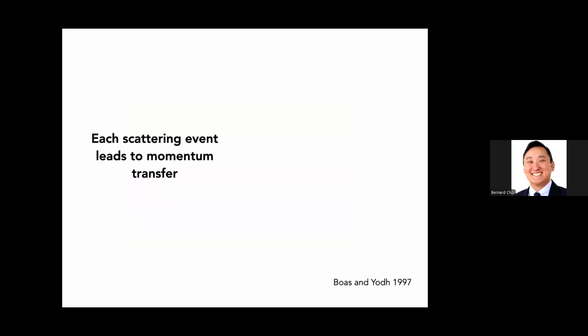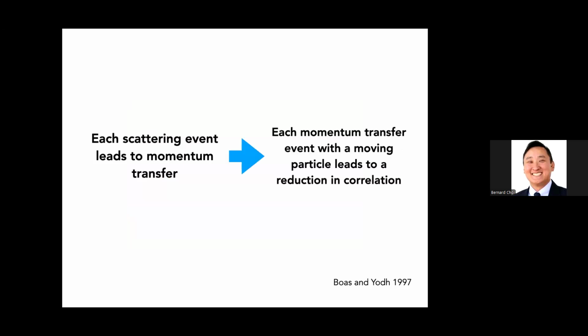Each scattering event will lead to momentum transfer, and each momentum transfer event that occurs with a moving particle will lead to a reduction in correlation. And this G1 term, this exponential decay, reflects this loss of correlation. We've already seen that. That's the correlation time associated with the electric field. That's what we're looking at.